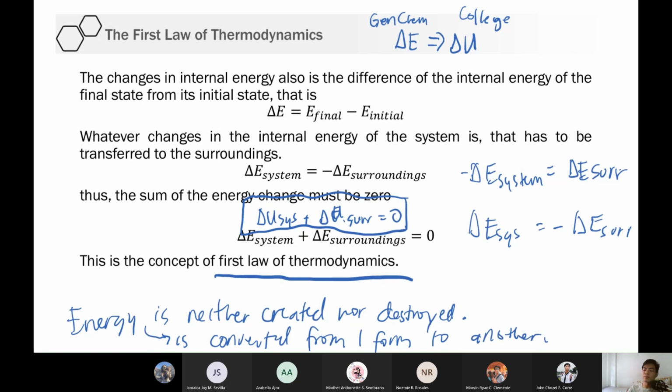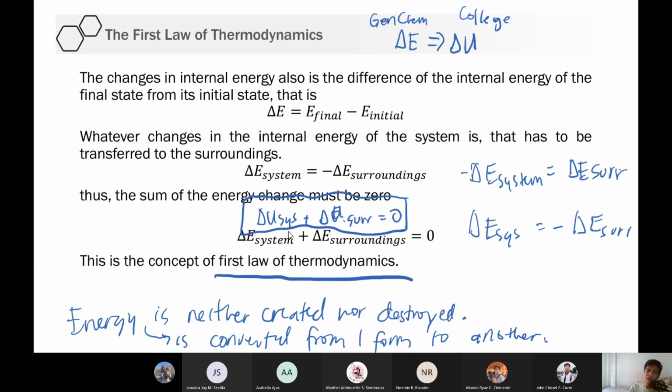Okay? So, ganun. Energy is neither created nor destroyed. Energy is converted from one form to the other. Kasi, tignan nyo, yung energy ng system, binigay niya lang sa surrounding. Kung gaano karami binigay niya, edi equal lang yun. Negative lang yung sign. So, pag pinag-add mo yun, 0 yun.